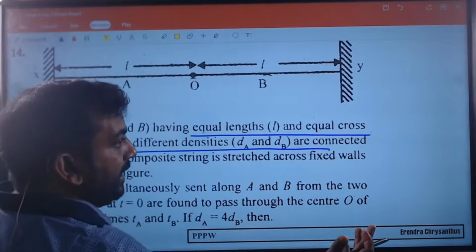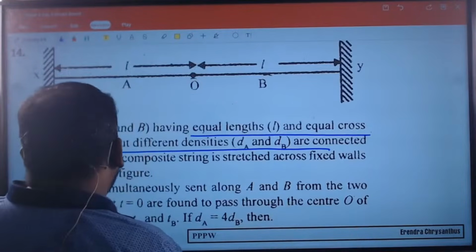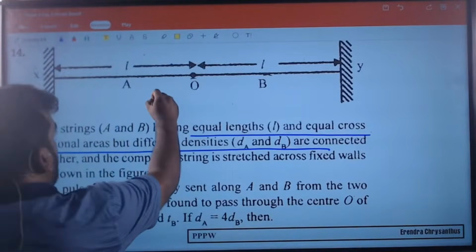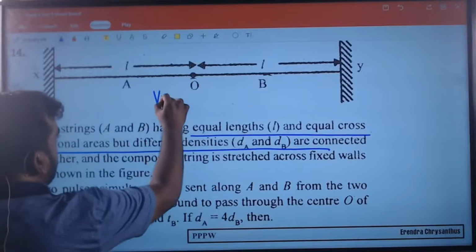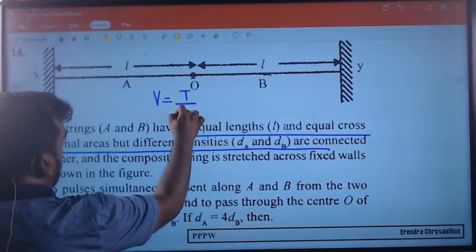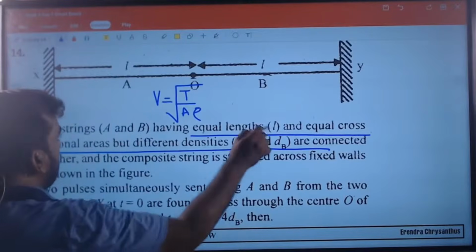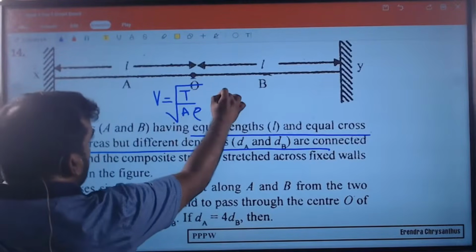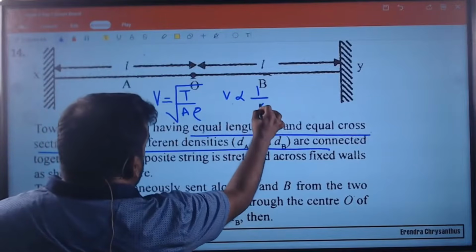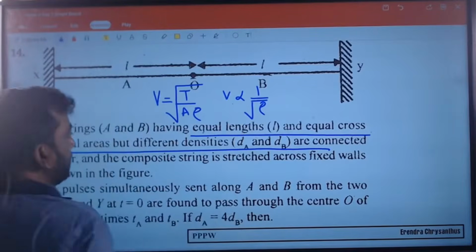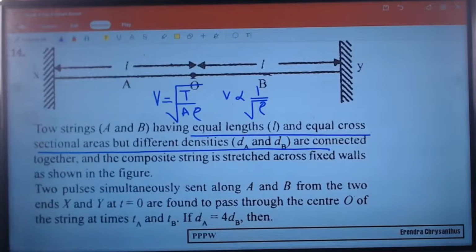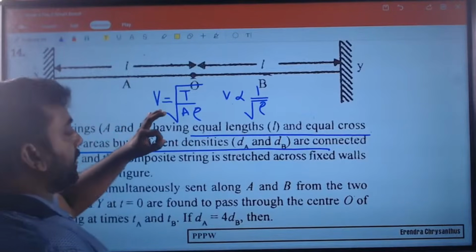So the densities are different, which means velocities are different. The velocity equation is square root of T over mu, and mu is A rho. Tension is same, area is same. Velocity is inversely proportional to square root of density. So here velocities will be different, right?